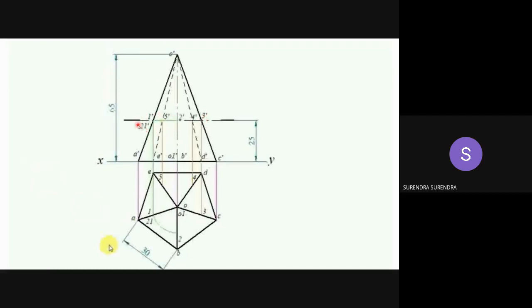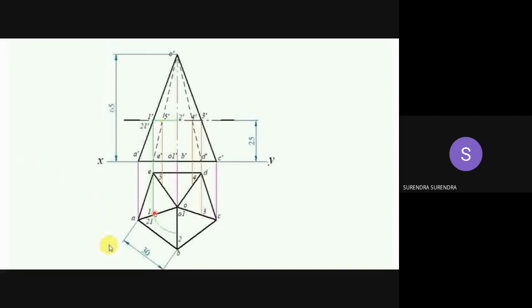Mark this point as 2₁ dash. Draw the projection from 2₁ dash, a parallel line to the XY line. So 1 dash and 2₁ dash are coinciding. You'll get the point 2₁ dash. Now draw the projection from 2₁ dash to point 1 in the top view.